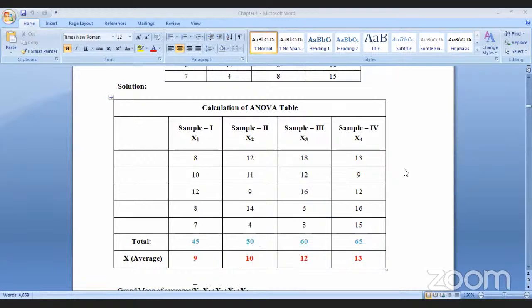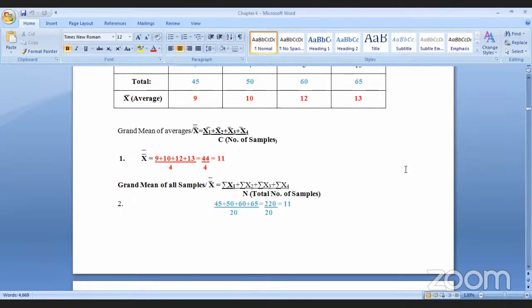After getting average, then go for finding out grand mean of averages and grand mean of all samples. Okay, grand mean of averages, X double bar, means X bar 1 plus X bar 2 plus X bar 3 plus X bar 4 divided by C. How many columns are there?